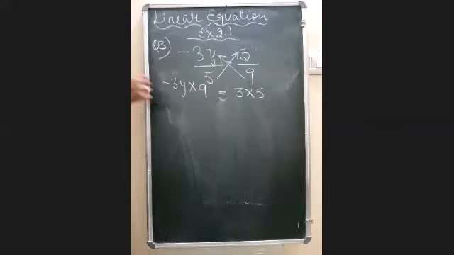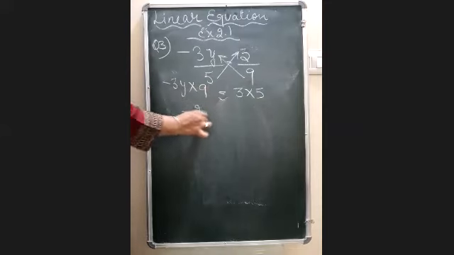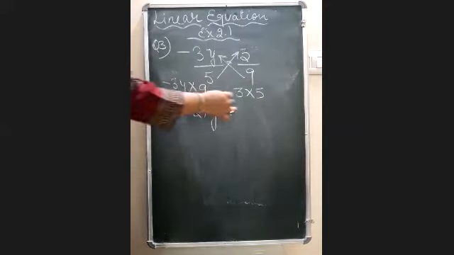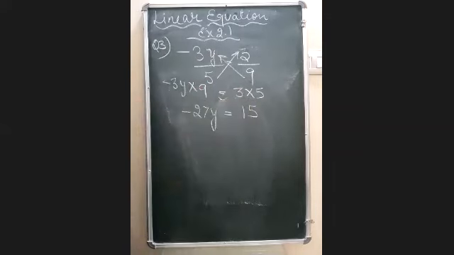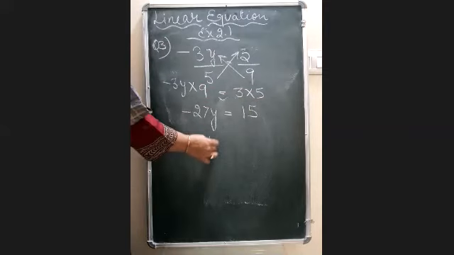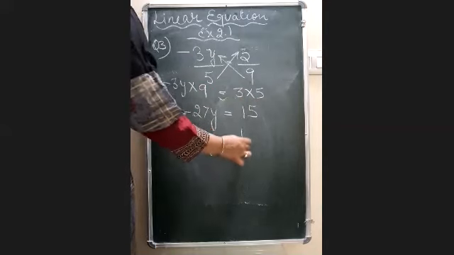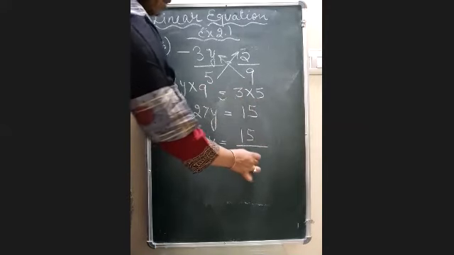So when you will solve this, it will give you 9 3s are 27y, and यहाँ पर आएगा 5 3s are 15. Now you have to just transfer it. 27 is here, which will go that side in divide. So it will give you y is equals to 15 upon minus 27.